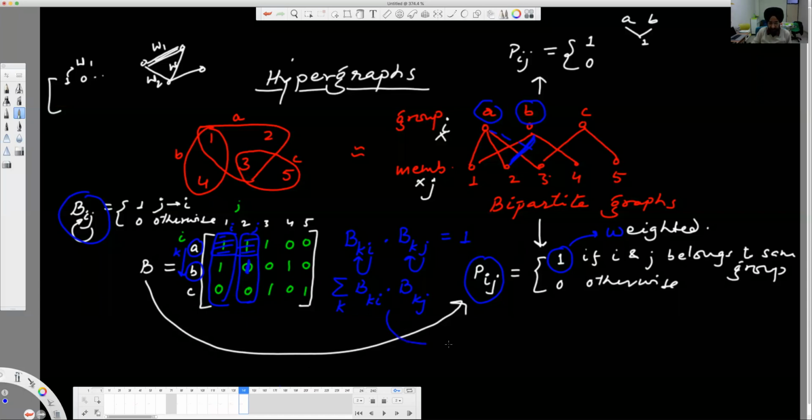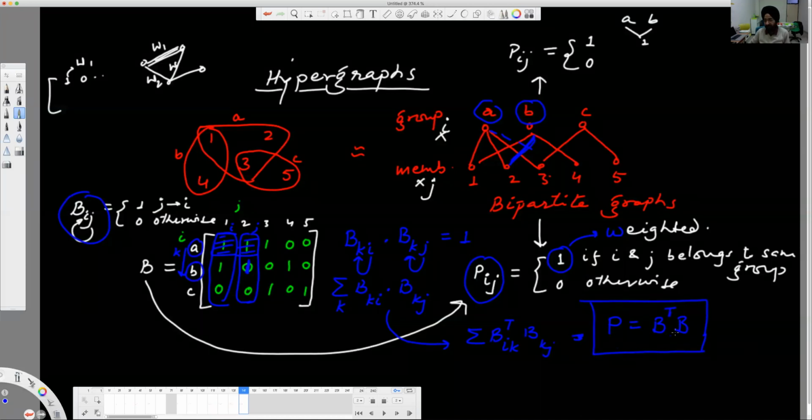So let's see what the matrix will be here now. I can rewrite this as B_ik now, not K_i transpose, right? And B_kj. So in terms of matrix, this is going to be the incidence matrix, projection matrix, sorry, which is given by P equals B transpose B. This is going to be symmetrical again and very similar to what we did earlier in the previous class.